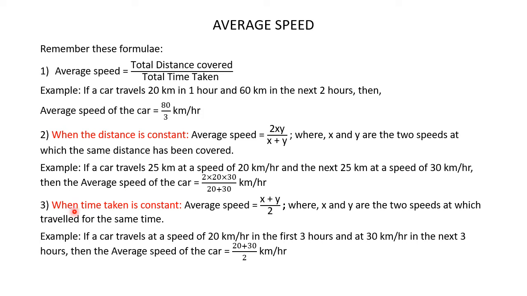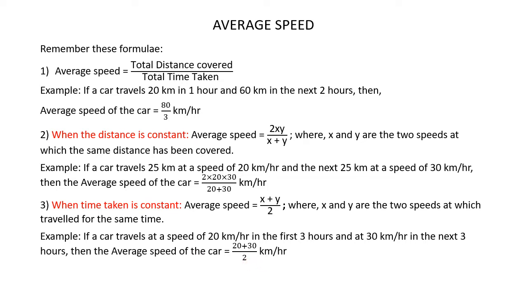When the time taken is constant, then average speed is equal to x plus y divided by 2, where x and y are the two speeds at which traveled for the same time. For example, if a car travels at a speed of 20 kilometers per hour in the first 3 hours and at 30 kilometers per hour in the next 3 hours, then the average speed of the car is equal to 20 plus 30 divided by 2 kilometers per hour.